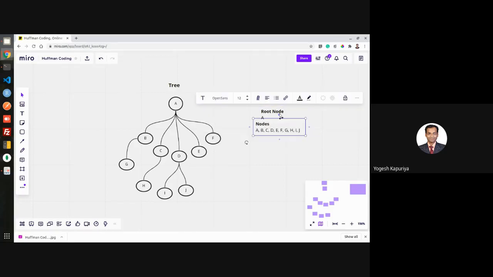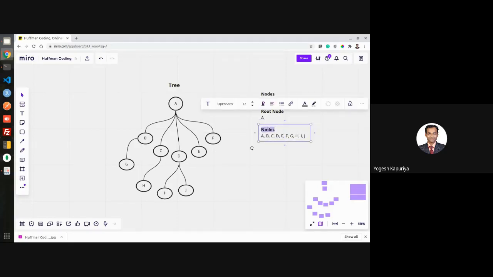So for example, if you want to write down the edges, then you have BG, then CH, then BI, then BJ, that's it.